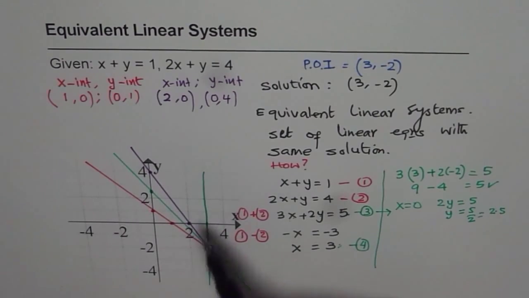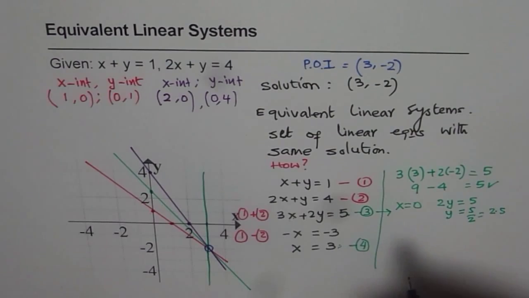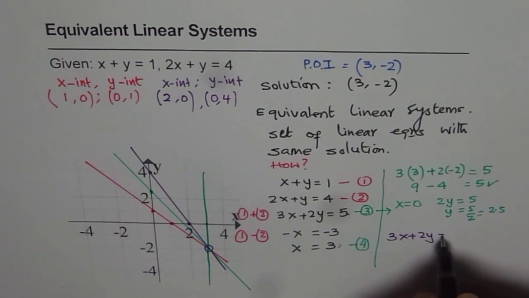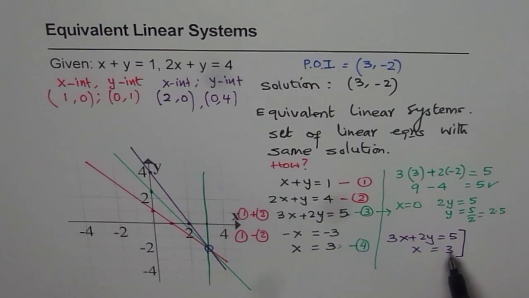These are two different lines, but the key thing is they also intersect at the same point at which the original equations intersect, and therefore we say that this system, having equations 3x plus 2y equals 5 and x equals 3, forms a linear system which is equivalent to the given original linear system, right?